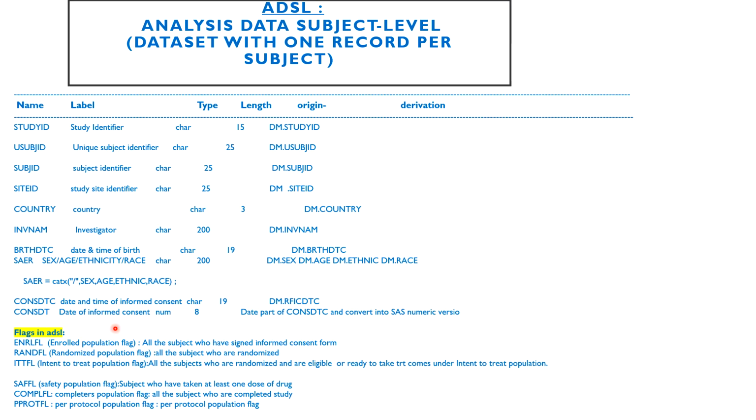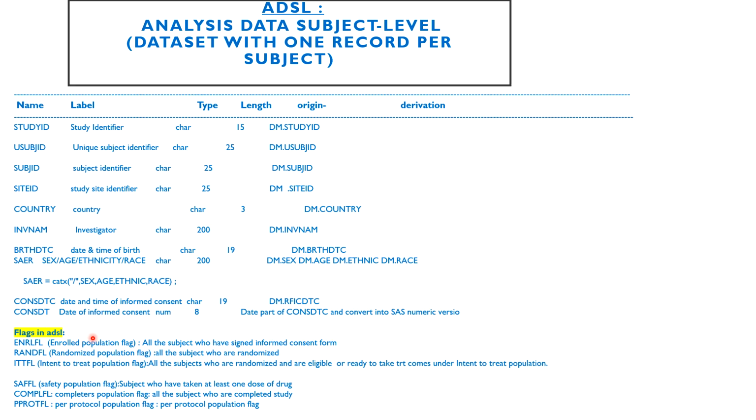For that, whatever data RFICDTC contains will be captured in this variable. From this variable, we create the date variable in numeric format, because in SDTM the RFICDTC is a character variable. So for numeric variable purposes, we are creating one more variable.